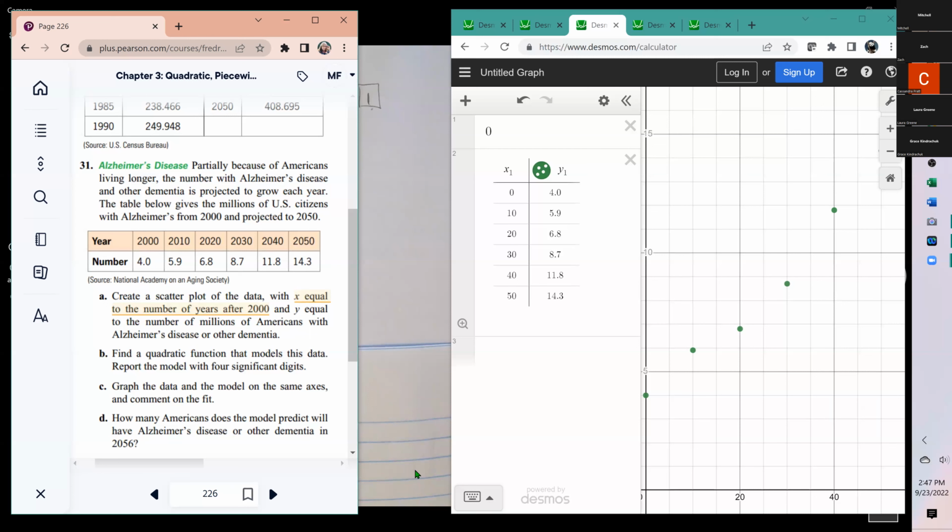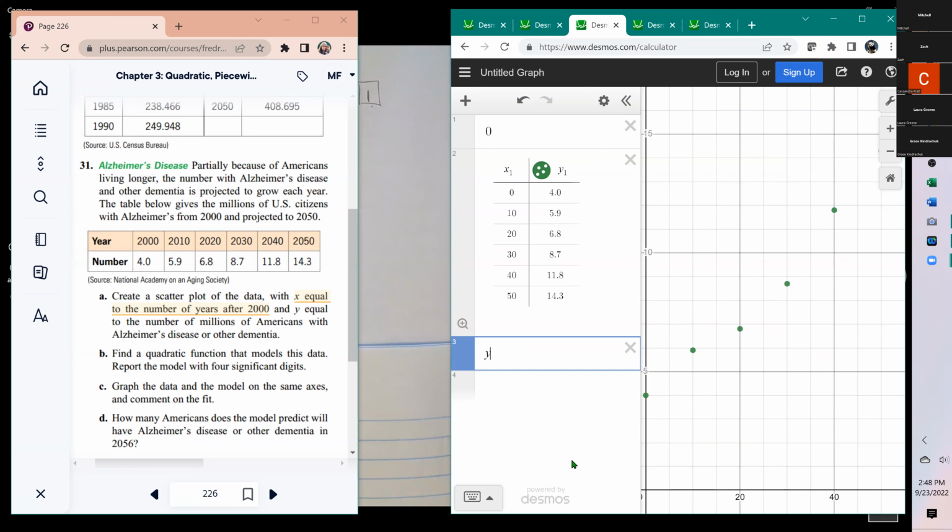It says find a quadratic function that models this data. Report the model with 4 significant digits. So this is saying even if it's giving us 8 digits, we want to go 4 in our equation. So if I click on here, it wants quadratic. That's y equals ax squared plus bx plus c. This is an x1 and a y1.